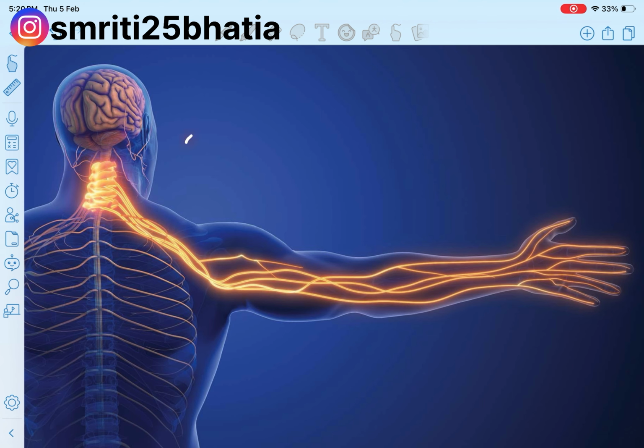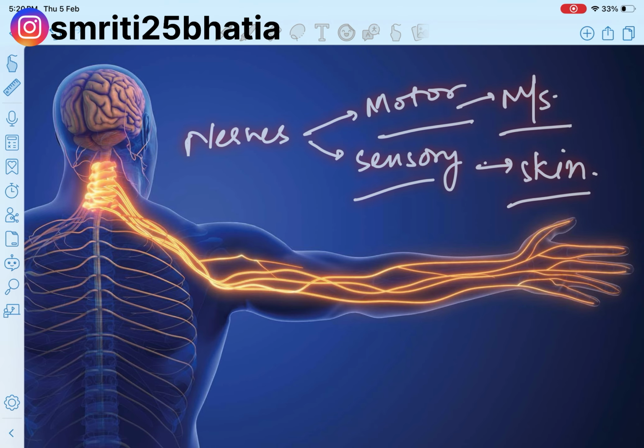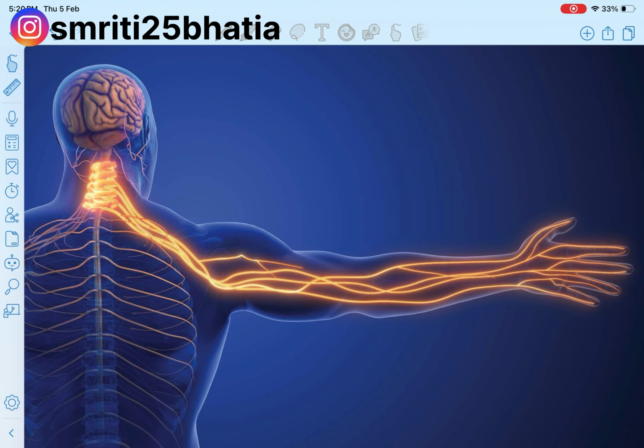As we have already discussed, nerves are of two types, motor nerve and sensory nerve. The motor nerve helps in the supply of muscles and the sensory nerve helps in the supply of the skin. So now this is the motor nerve that is supplying the muscle.